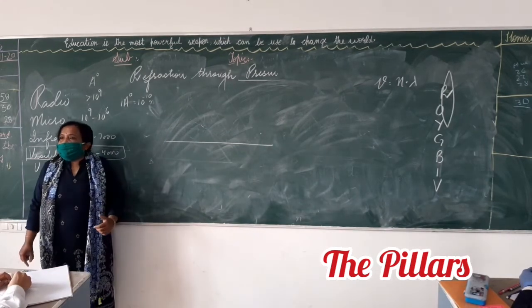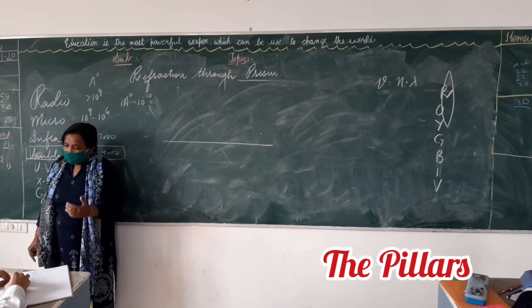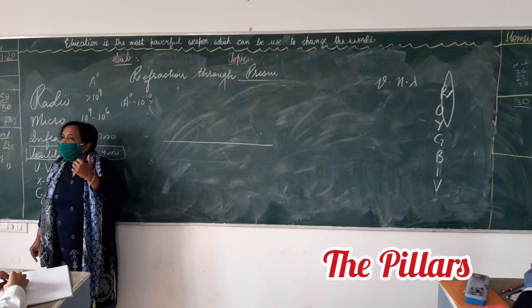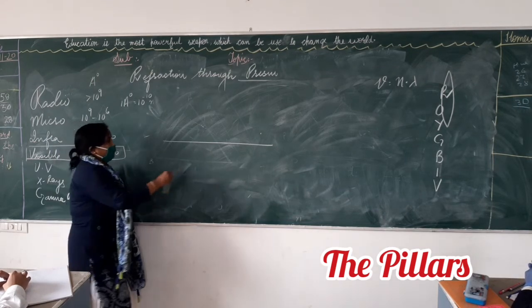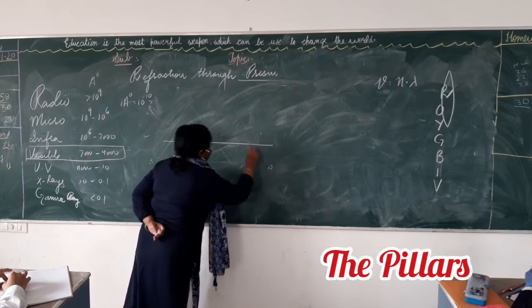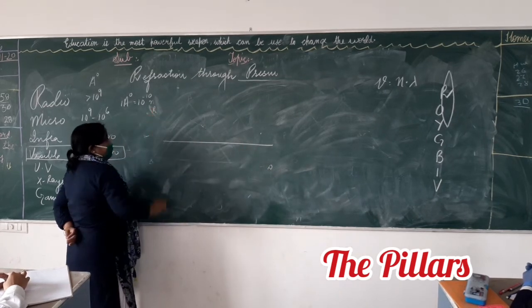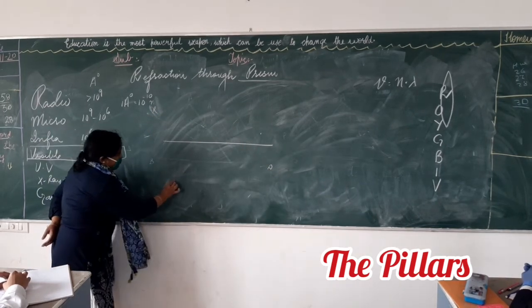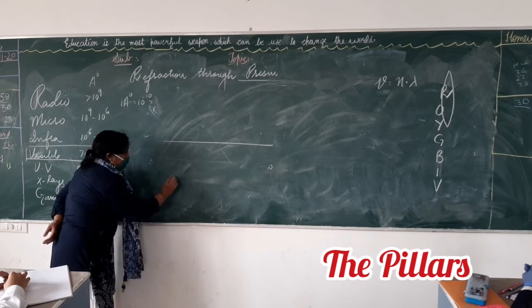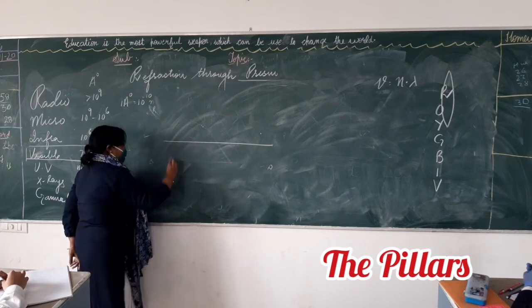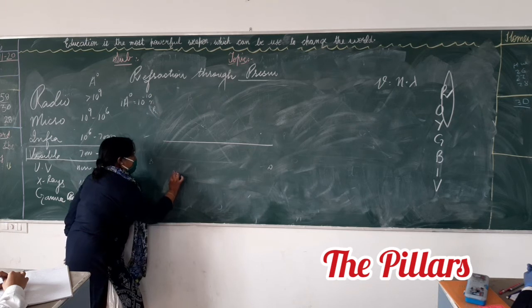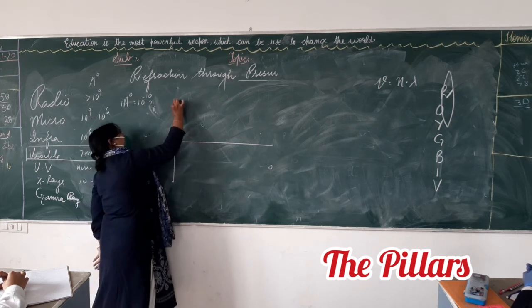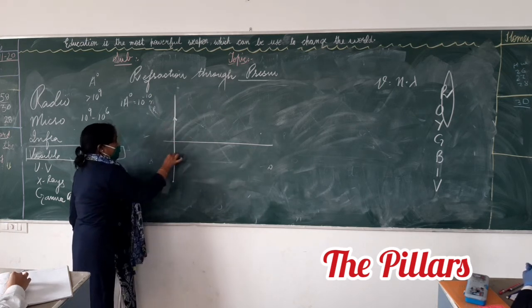The mandatory part is light rays should travel from denser to rarer medium. Light rays traveling from denser to rarer medium. First, a ray incident normally, what will happen? It will pass undeviated, right?